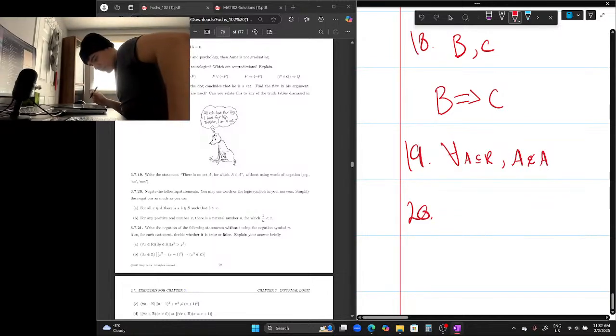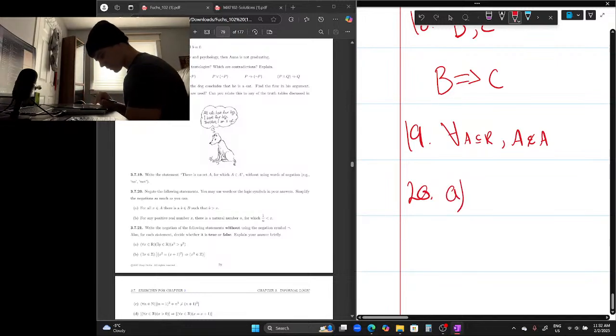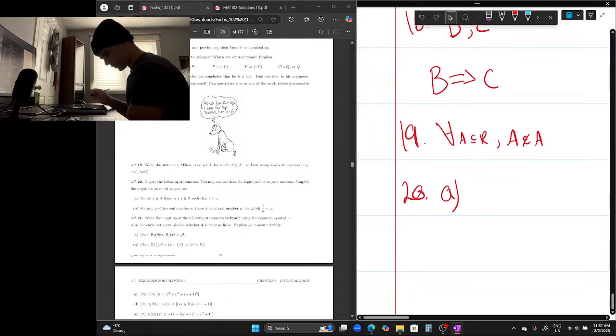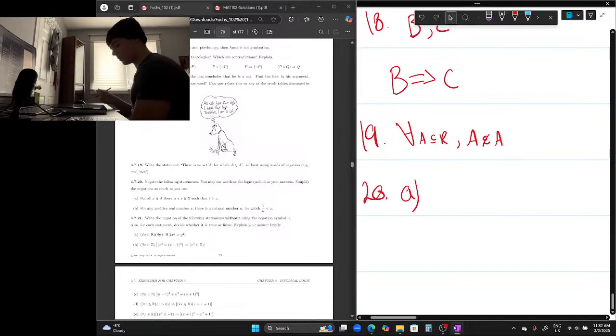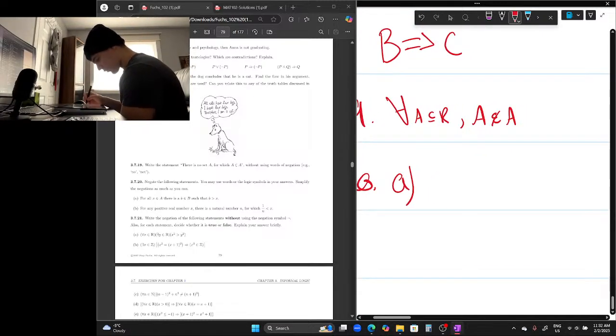Negate the following statements. Okay, negation. For all x in A, there is a b in B such that b is greater than x. So switch the quantifiers around.